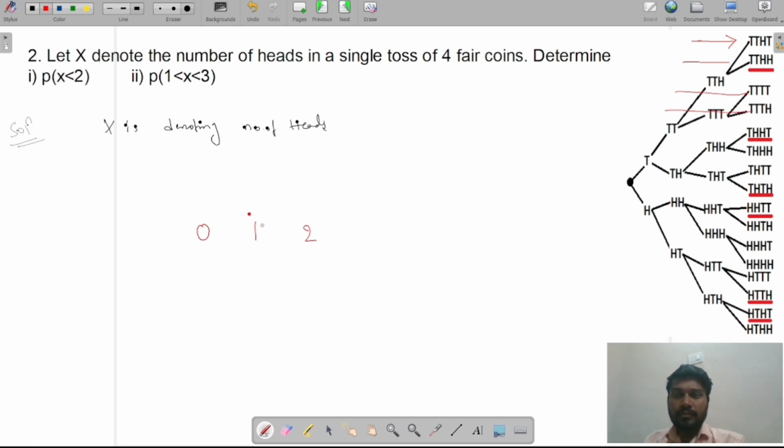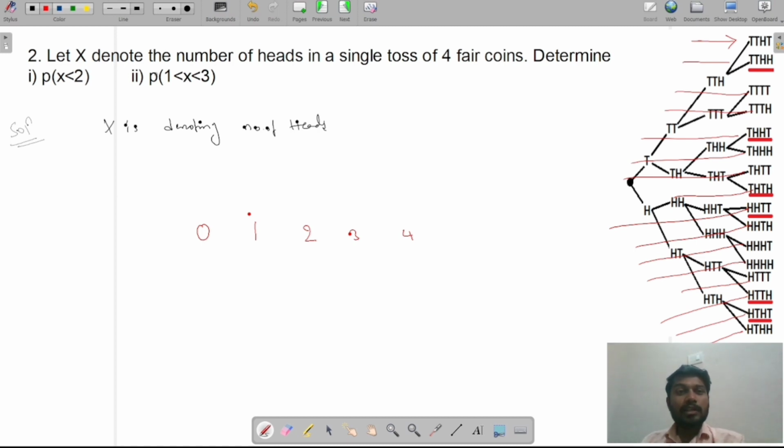And similarly, here 2 heads, 3 heads, 1 head, 2 heads, 2 heads, 3 heads, 3 heads, 4 heads, 3 heads, 4 heads, 1 head, 2 heads, 2 heads, and 3 heads. So this is the conclusion of the given question.